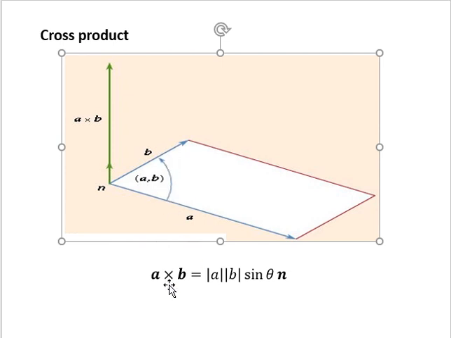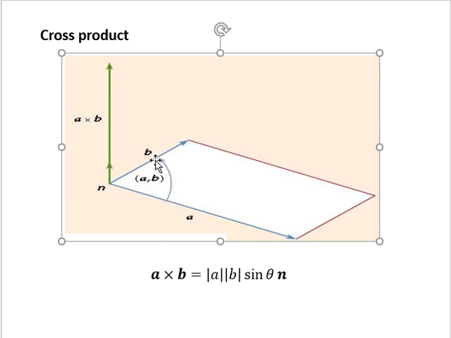That is, if I write a cross b, it means we are going to b from a. Just look at this picture. This is the a vector and this is the b vector. If I write a cross b, it means we are going from a to b, so the direction is like this.